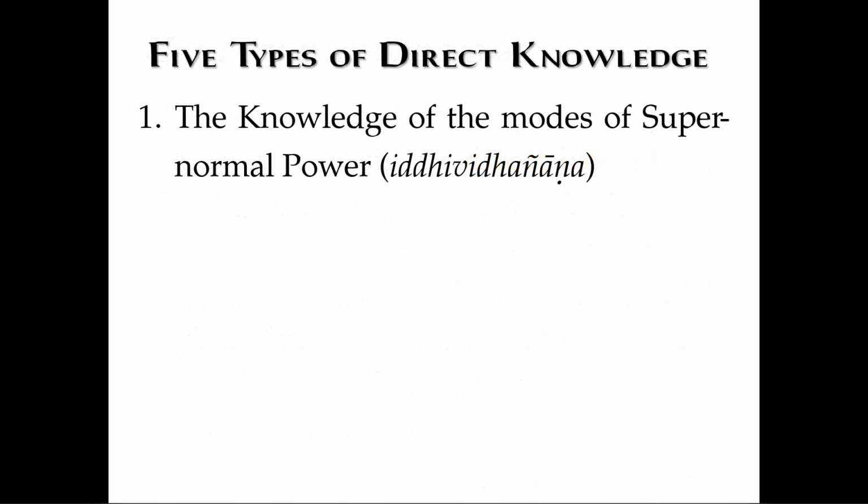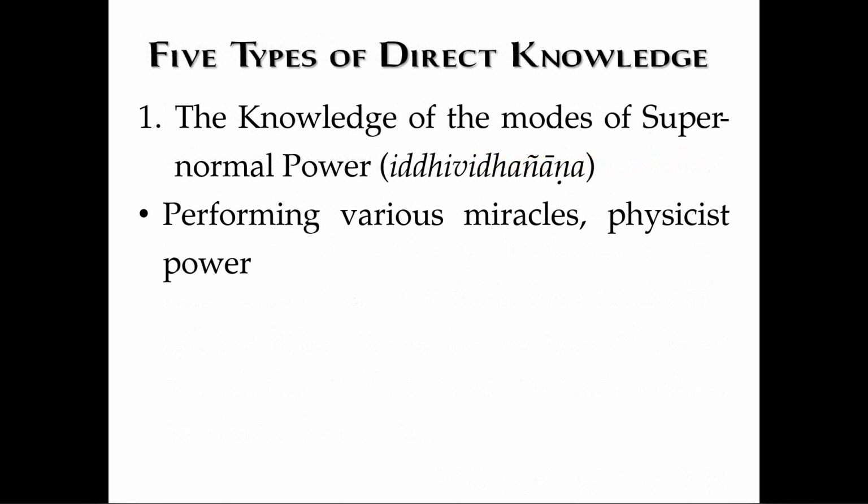So we have 5 types of direct knowledge. Number 1, the knowledge of the modes of supernormal power. That is performing various miracles. You have only one body, and you create many bodies, many copies of yourself.